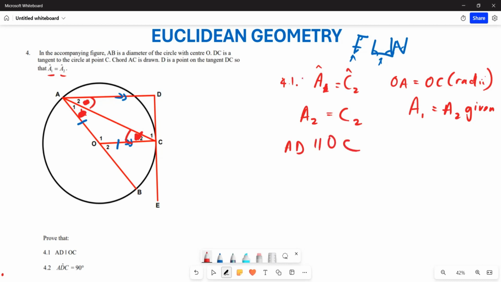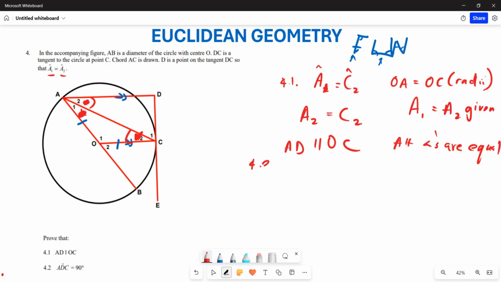Angle A2 is alternate with angle C2. So we are going to say this is because alternating angles are equal. That's going to be your reason for that. So therefore we can conclude that AD is parallel to OC.